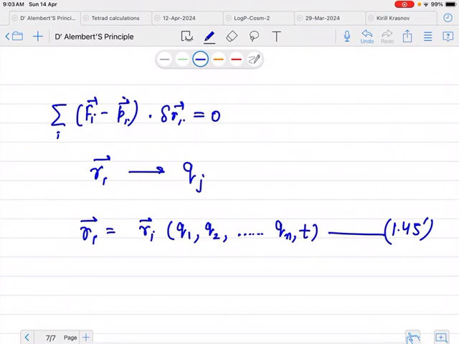Okay, we are assuming independent coordinates and it is carried out by means of the usual chain rule.